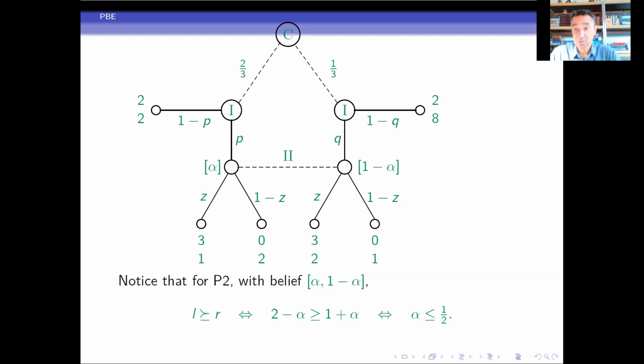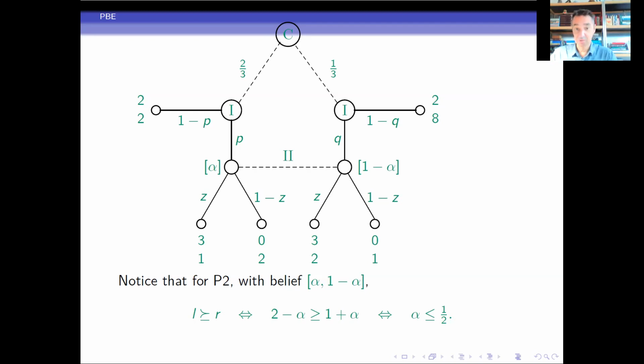If alpha is strictly larger than a half, player 2 will uniquely choose right as a best response. You get one best response in both these cases. Or when alpha is exactly equal to a half, and that's a bit more complicated because then player 2 is indifferent, so he can still choose everything, and then we need to analyze further.